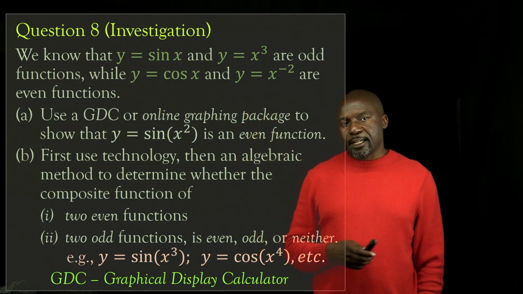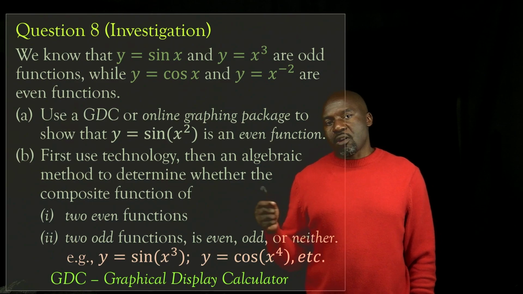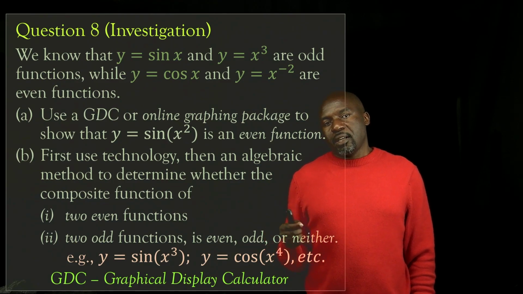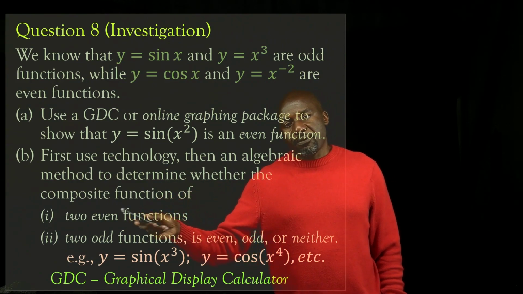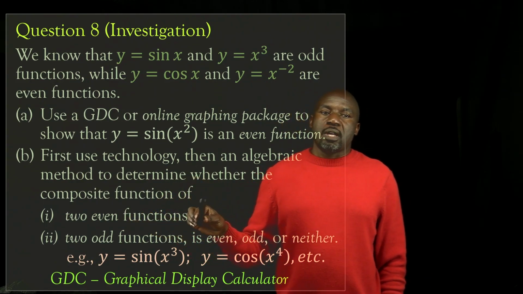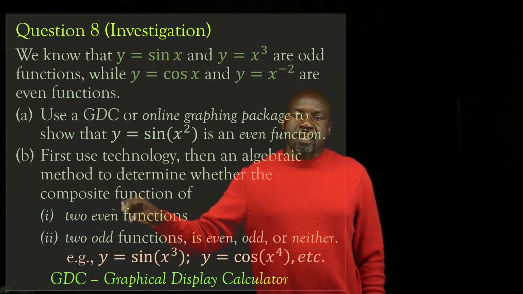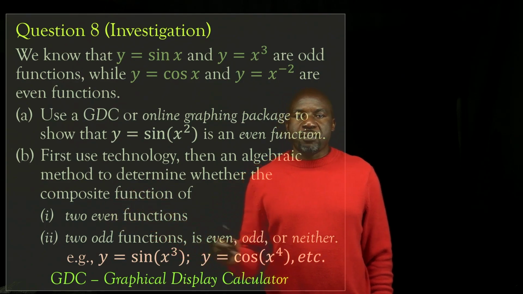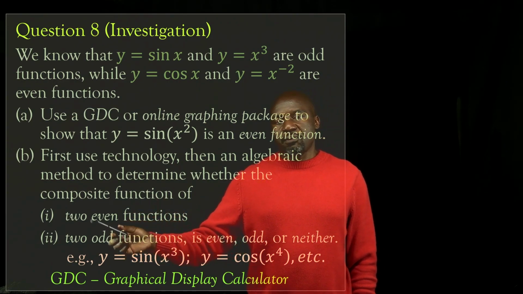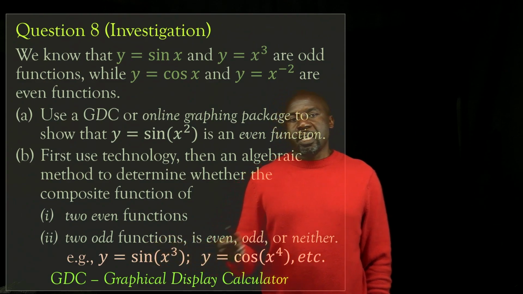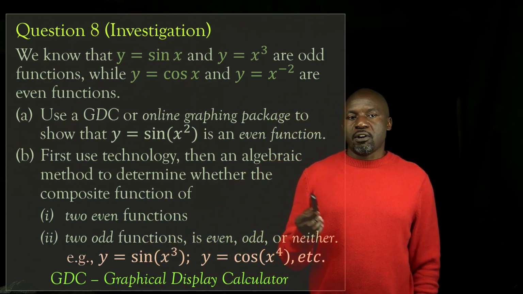Once you've done that, part B says to use technology, then use an algebraic approach similar to what we did earlier to determine whether the composite function of two even functions is even, odd, or neither, and whether the composite function of two odd functions is even, odd, or neither.